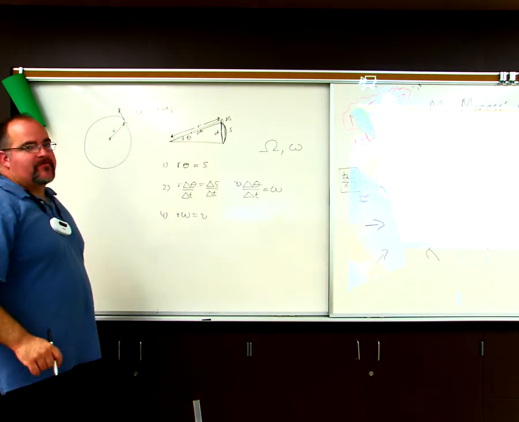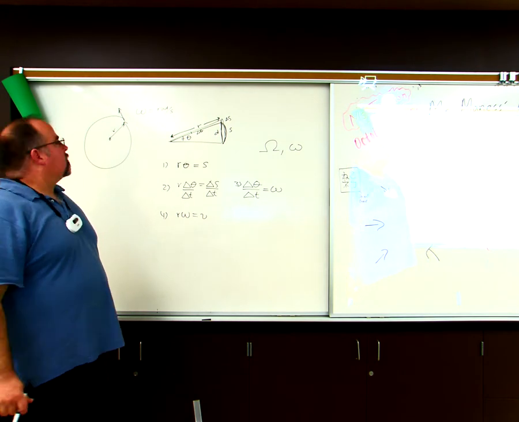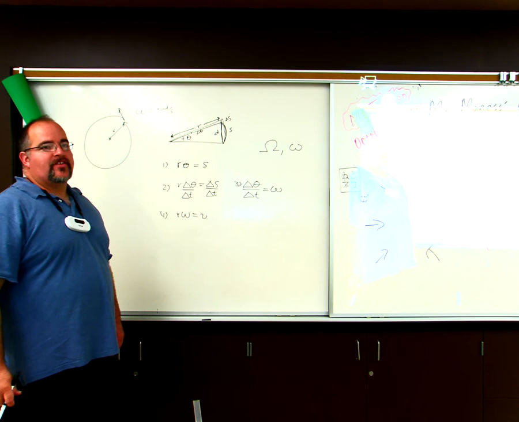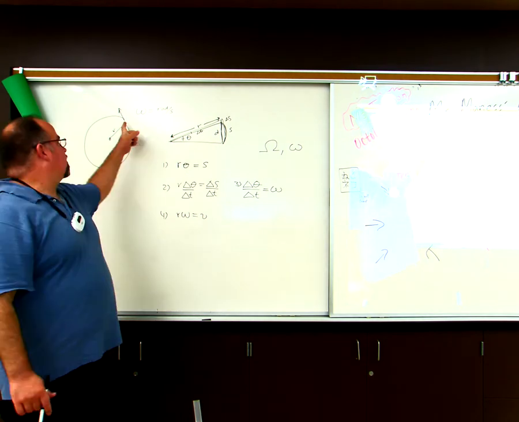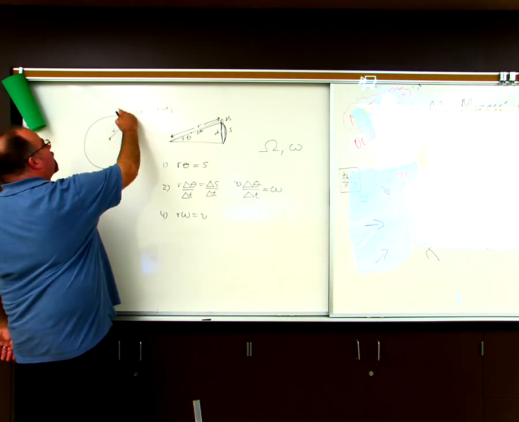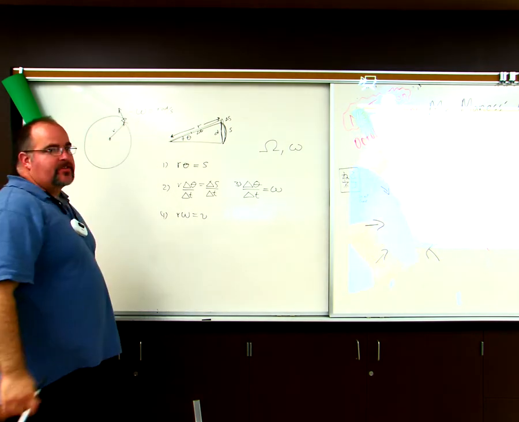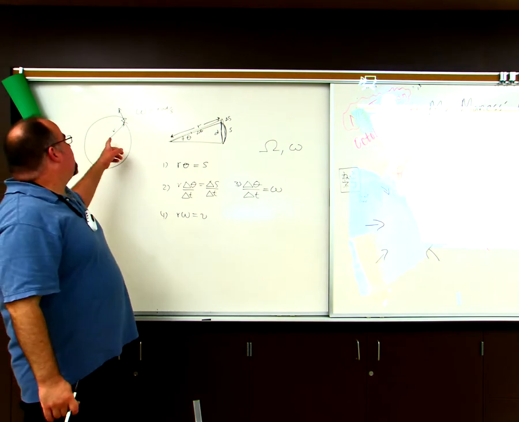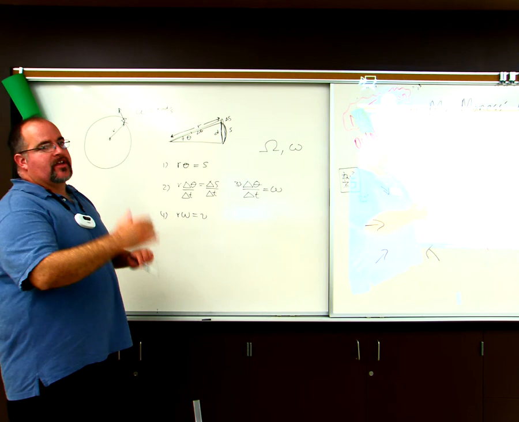And omega could be a vector too. Is the velocity like a tangent one? Exactly. The velocity is a tangent of the circle, wherever it is at any given time. So if this is a little car going around the racetrack, that velocity is a tangent. Omega could be a vector or a scalar. If omega is a vector, it's the right-hand rule.